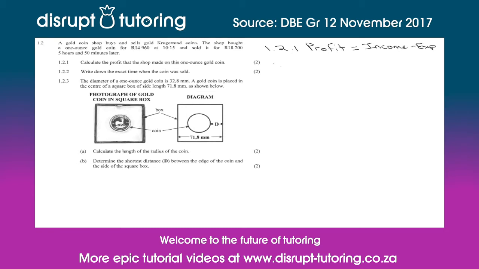So therefore, we can show that profit, we know that it said that we sold it for 18,700. So that's your income. So it equals 18,700. And we know that the expense of it was 14,960.